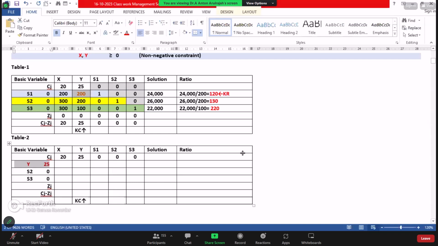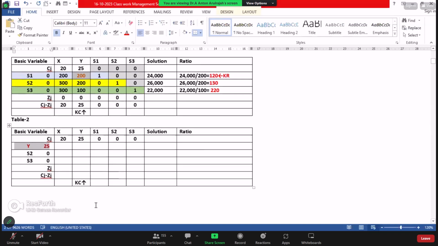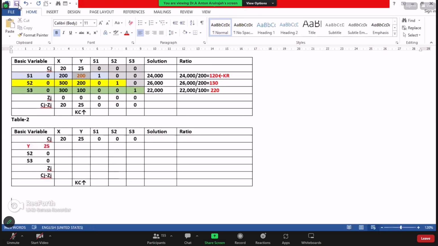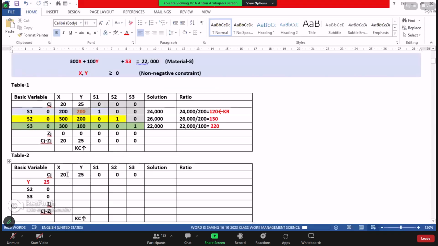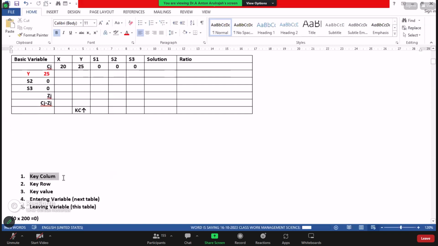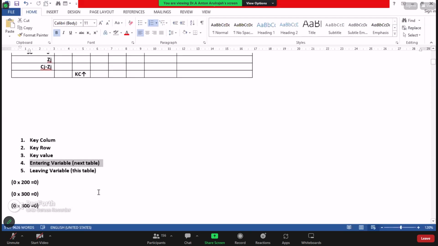Right, so now you see that these five things we have completed: how to identify the key column, the key row, the key value, how to decide the entering variable in the next table, and which variable is the leaving variable in the current table.